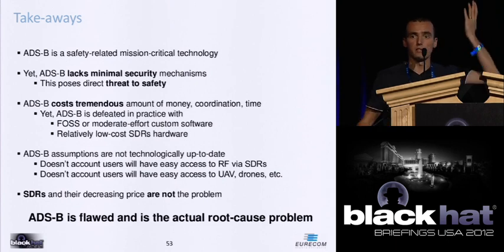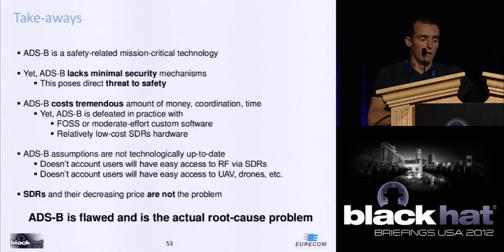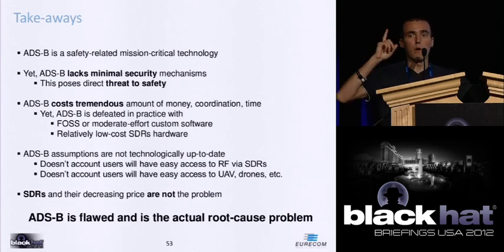I mean, the balance is not quite okay. Some of the ADS-B assumptions are not technologically up to date, because they don't account for users having easy access to radio frequency via software-defined radios, and easy access to UAVs and drones.